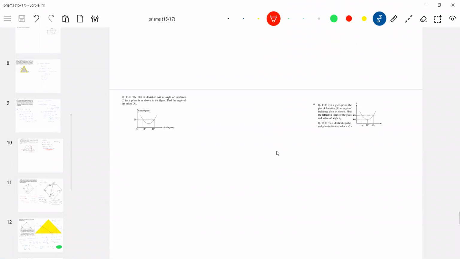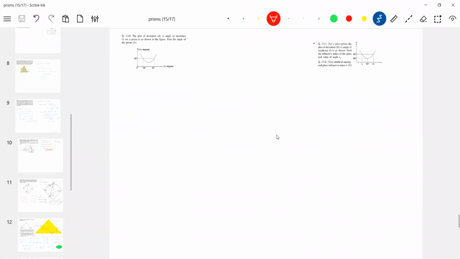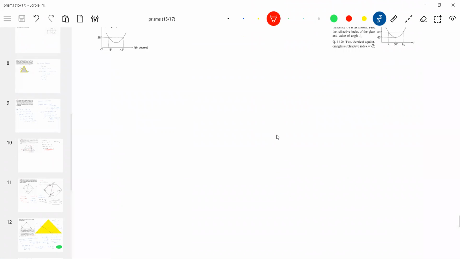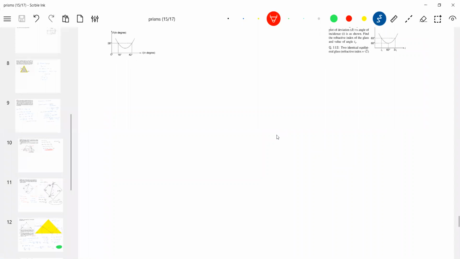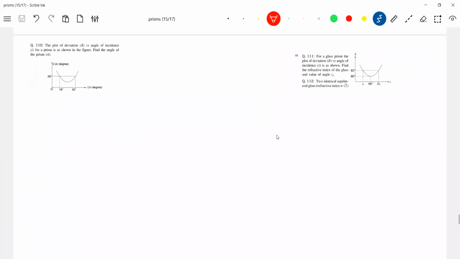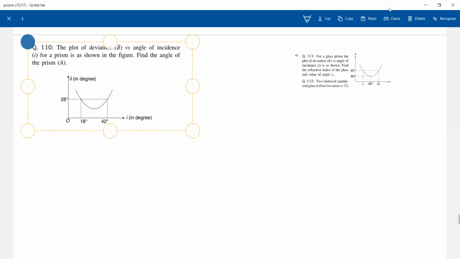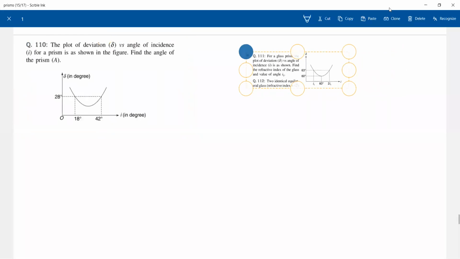These two things. There are graphical questions too. You do have plenty of things.